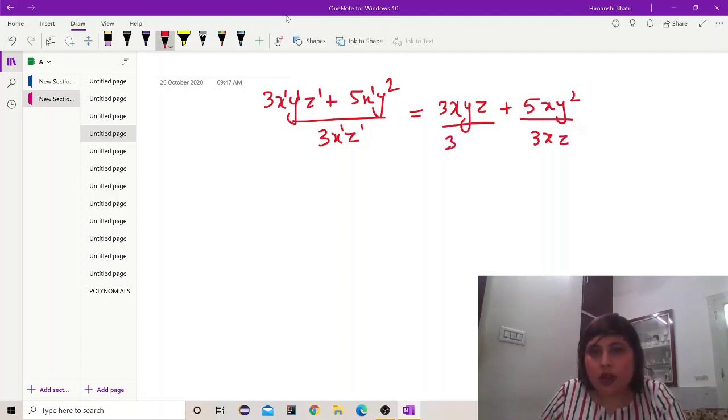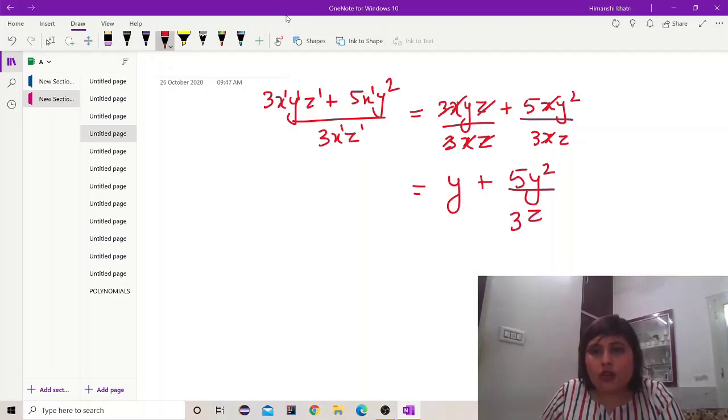Can we separate the denominator? Yes, we can. We can write the denominator under both these terms and form two separate terms of an algebraic expression. Now can we cancel these two? Yes, we can cancel. x gets cancelled. Now what do we get here? Here we get y, and here 5y^2 upon 3z.